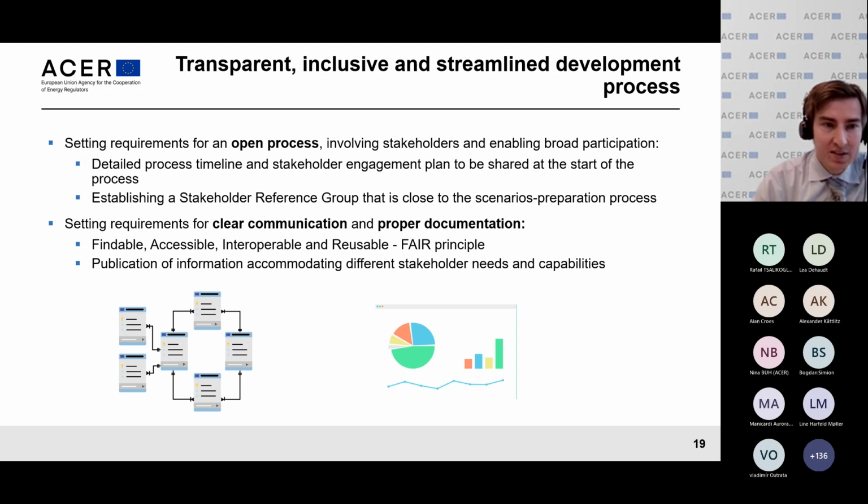And complementing that process timeline, there should be a stakeholder engagement plan that will describe not only the tasks and the time points where the stakeholder reference group would interact, but also where there is, for instance, the general public consultation when that would be planned.